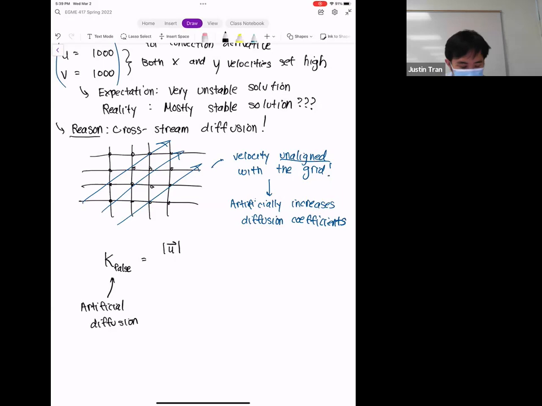So you take your two velocity components, you take the magnitude of it. Then you're going to multiply it by the grid spacing in the x and y direction, so delta x, delta y. And then you're going to multiply by sine of 2 times the angle.